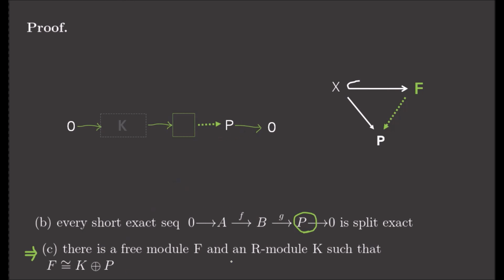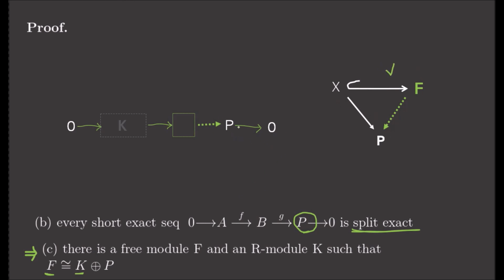Our claim is that we find a free module F and an R-module K such that F is isomorphic to K direct sum P. Using this split exact sequence, if we use this condition, in particular the split exact condition, this isomorphism holds.